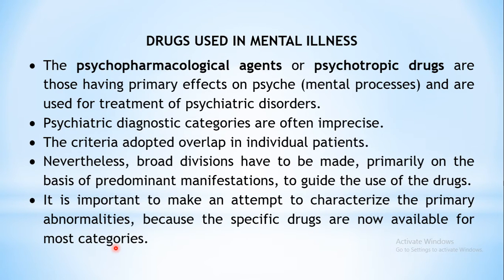Now before going into the actual drugs used for anxiety, we shall see what the different types of psychiatric disorders are, what different types of treatments can be given, and what types of drugs are known to be effective in controlling these psychiatric disorders. This term is introduced for the drugs which are used in a condition called mental illness.